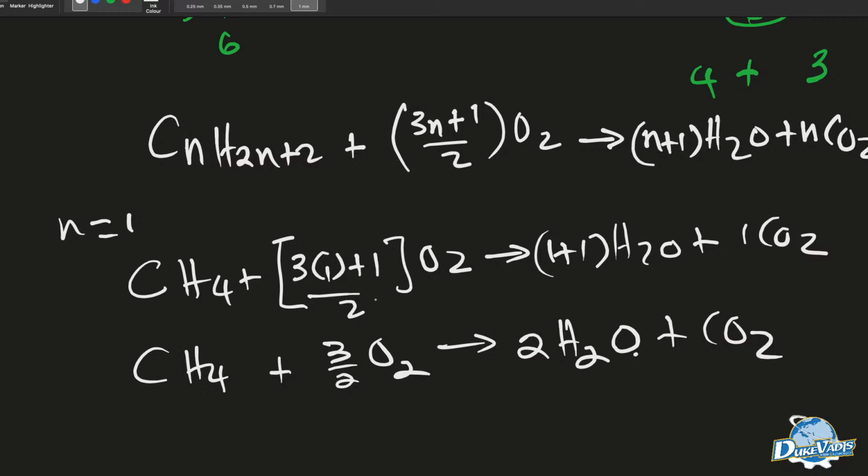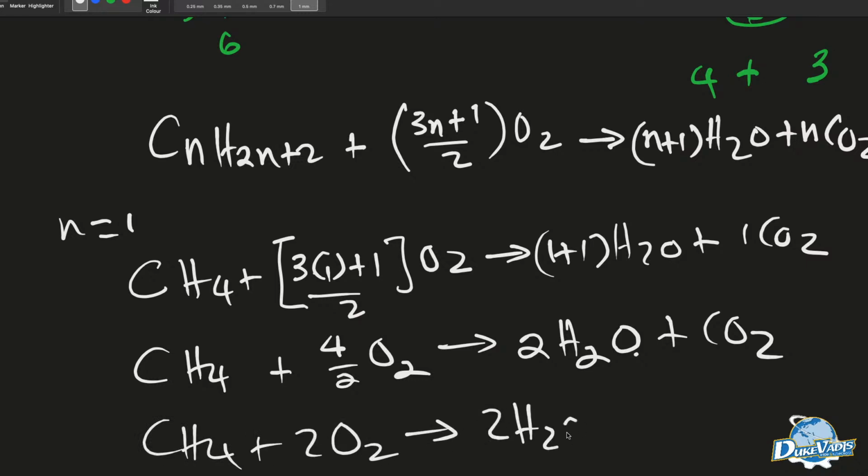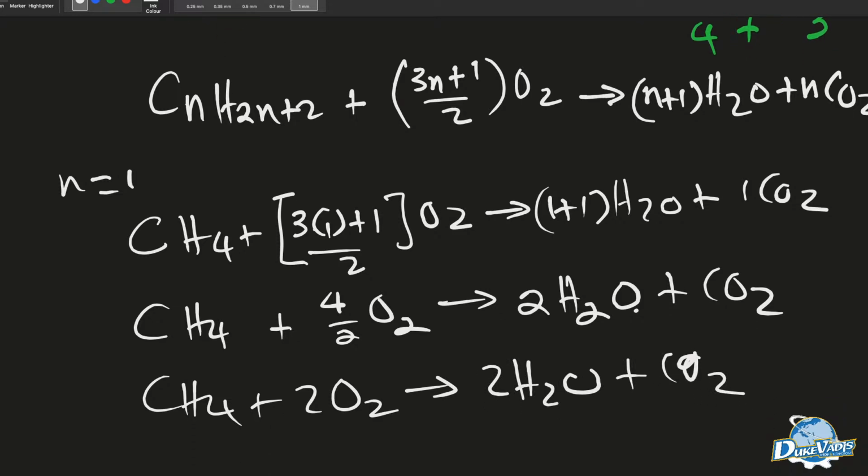You see, this is 3 times 1 plus 1, which will be 4 over 2. Let's do our calculation very well. So this will be 4 over 2, 4 over 2. So this will be CH4 plus 2 oxygen gives 2 water plus CO2. And you see that the equation is balanced.